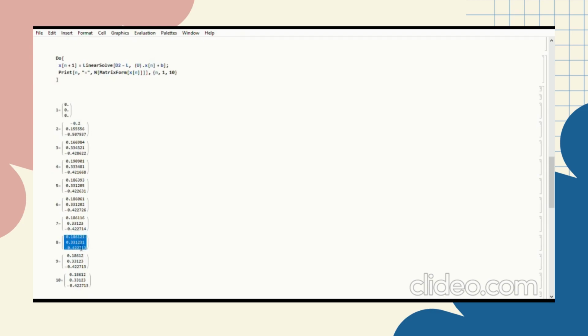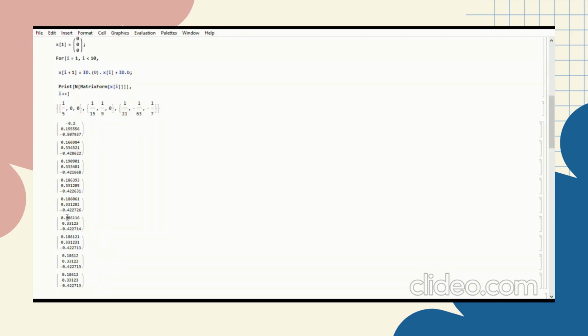Here I do the iteration in 6 decimal points, but if we do it in 3 decimal points, we will get 1, 2, 3, 4, 5. From the 5th iteration, we will see the value start converging.